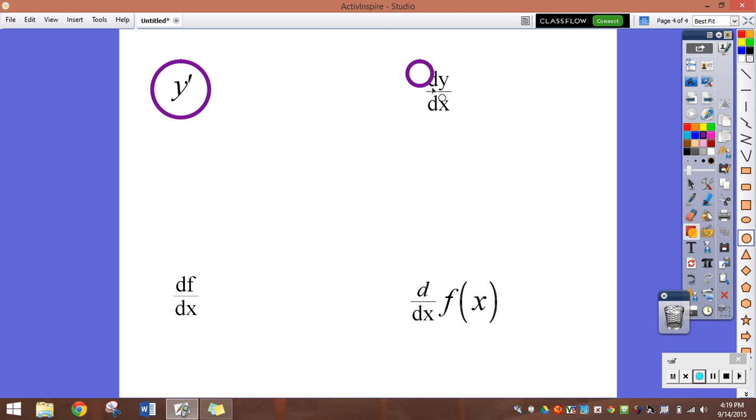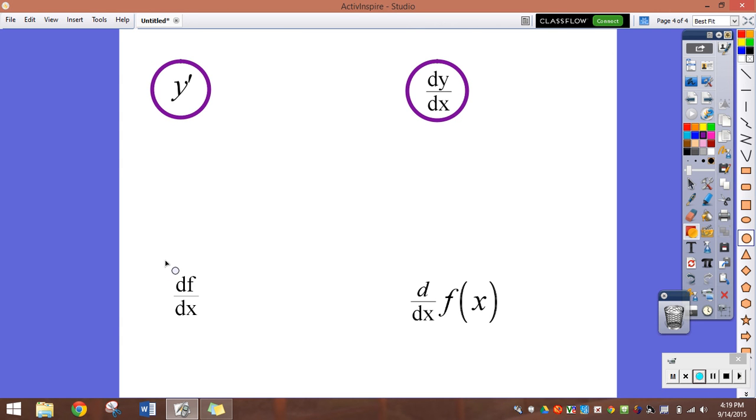You could also see this version. So sometimes you'll hear it read as dy over dx. It's the derivative of y with respect to x. So that gives you a little more information about what this means. But it's just an alternative to f prime of x. These are called differentials, and we will go into more detail about those in a later unit.